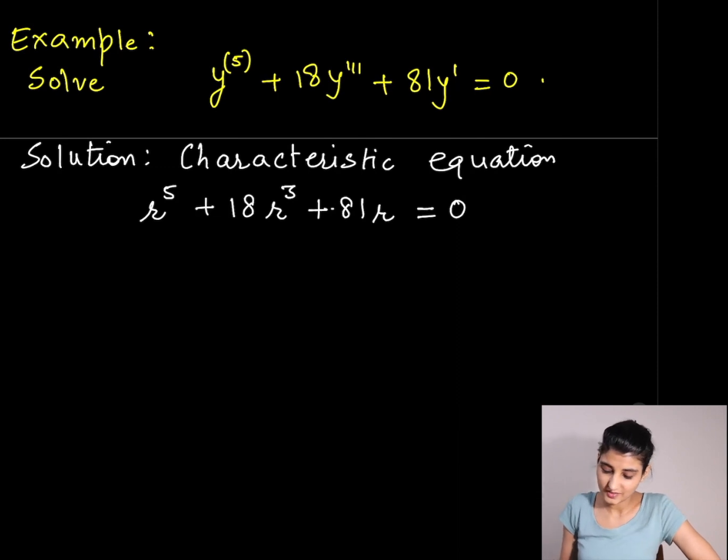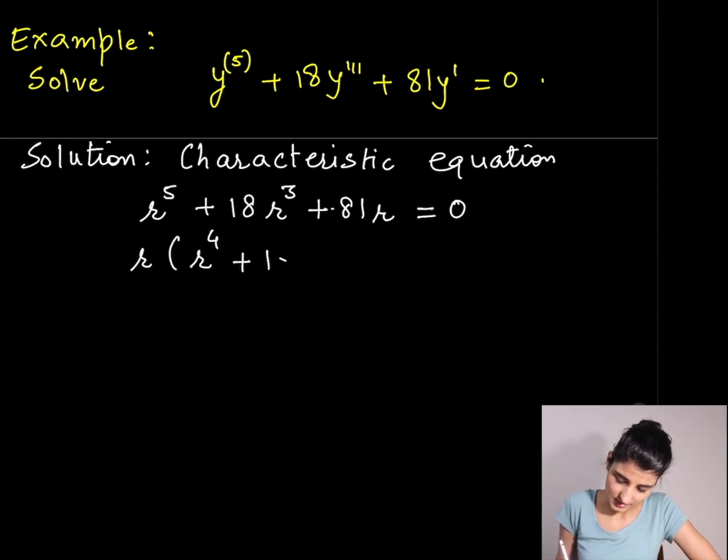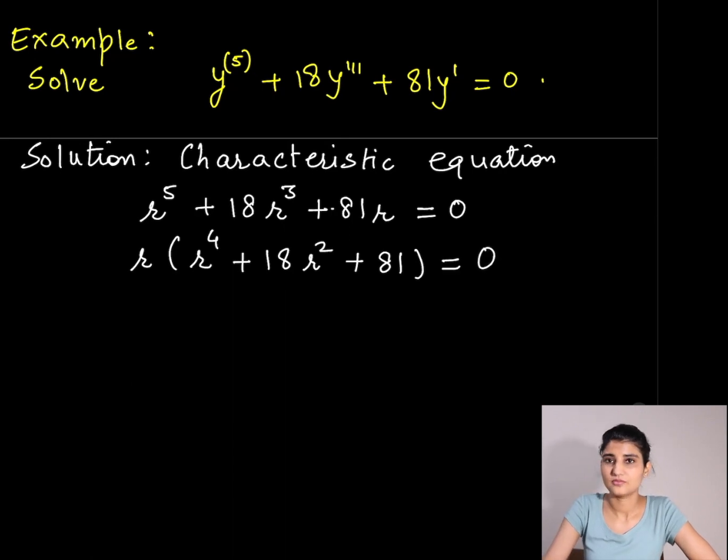One thing readily we can see is we can pull out the r. So we have r times r power 4 plus 18r square plus 81 equal to 0, right? Okay, so one root is 0 for sure, and we want to find out 4 other roots.